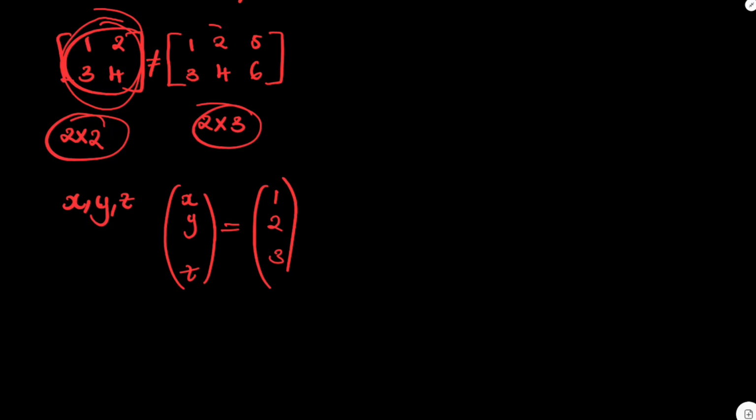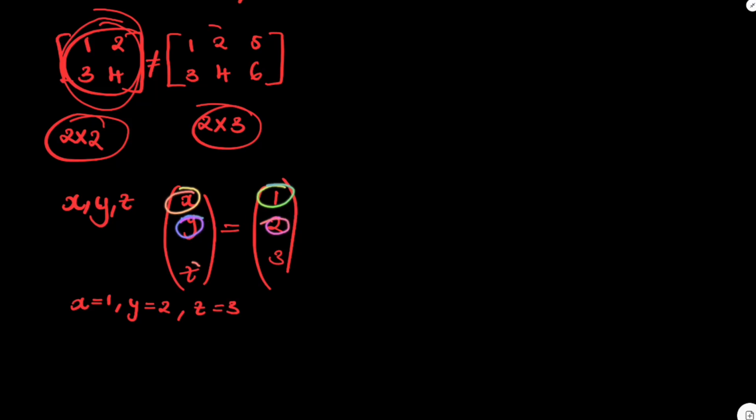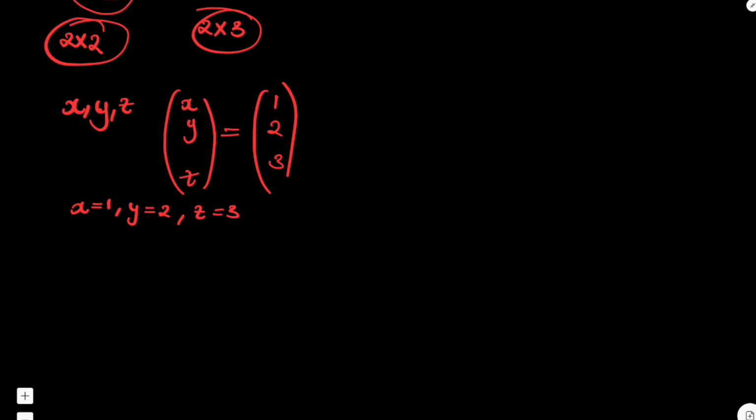The question has already given you that x, y, z is equal to 1, 2, and 3. So we have to state the values of x, y, and z. Here, by equality of matrices, we can simply say that x is equal to 1, y is equal to 2, and z is equal to 3. They are corresponding entries. These two correspond, these two correspond, and these two correspond. So that gives us the values of our x, y, and z.